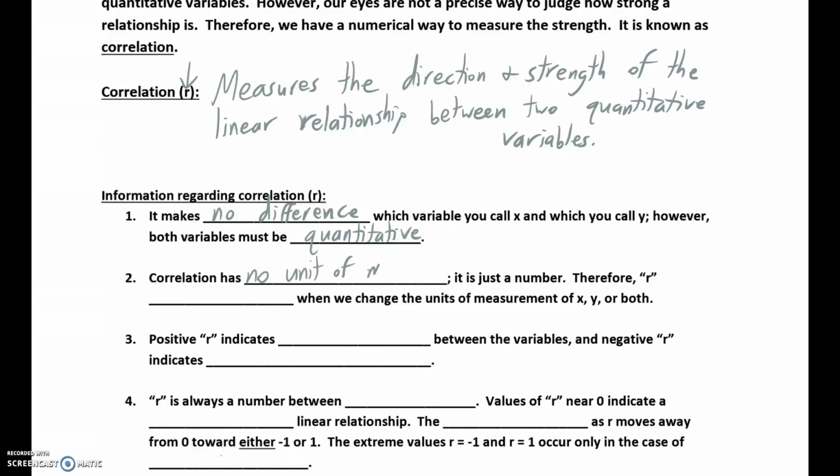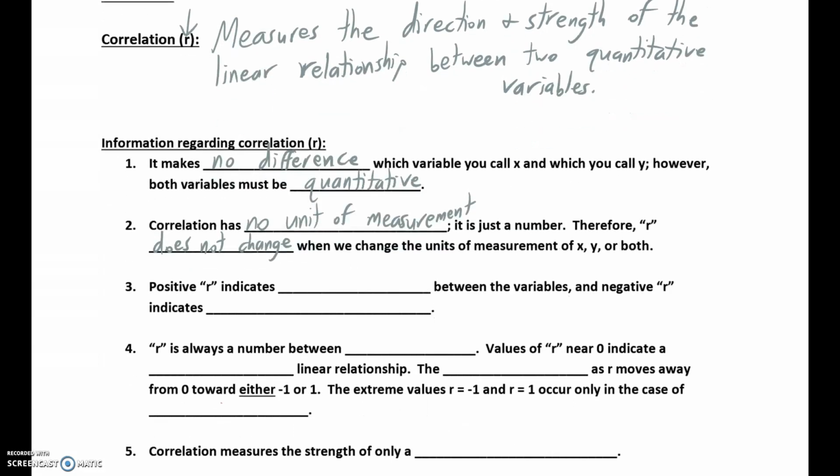It's just a number, no unit at all. Very similar to some other things we've talked about before, like z-scores. Therefore, R doesn't change if you change the units on X, Y, or both. So, if I have a bunch of temperature readings in Fahrenheit, and I turn them all to Celsius, it doesn't matter. The correlation would still stay the same.